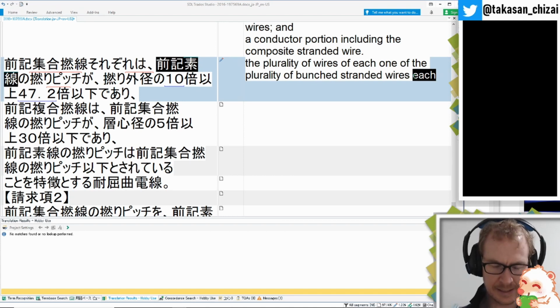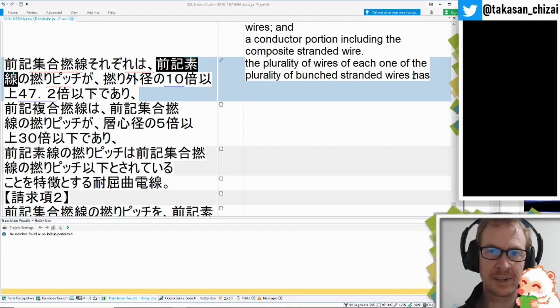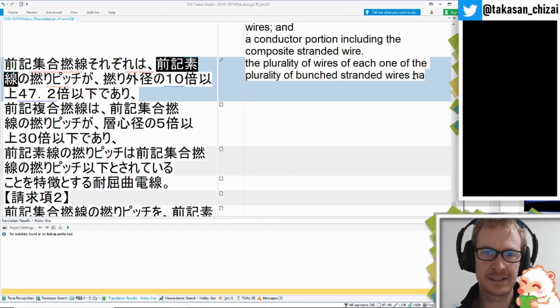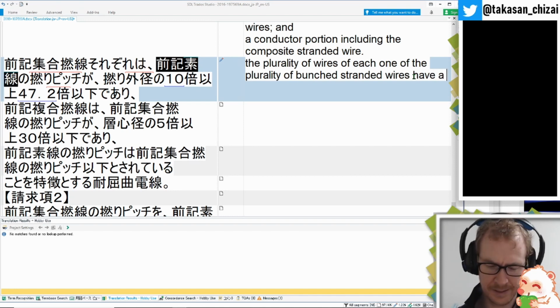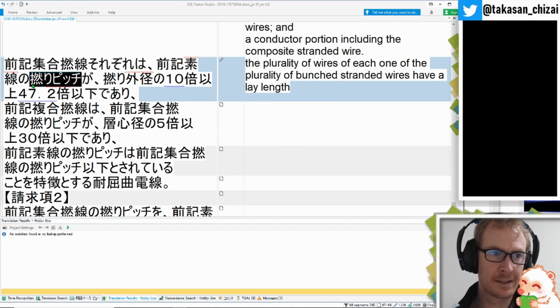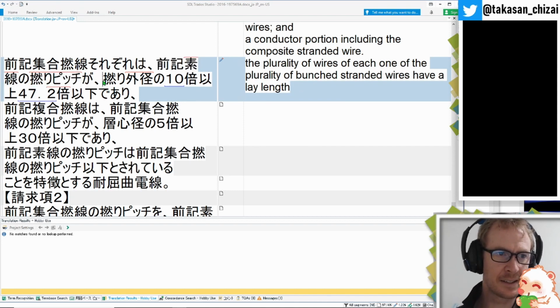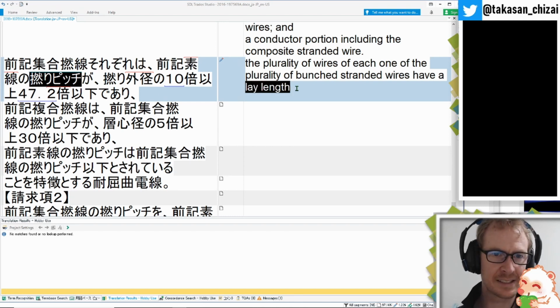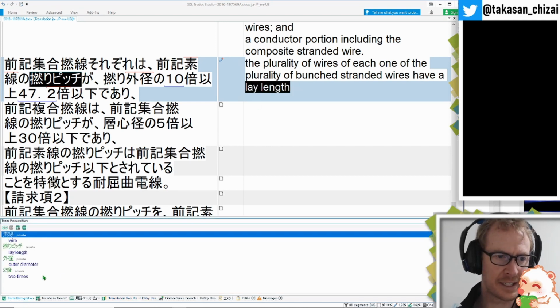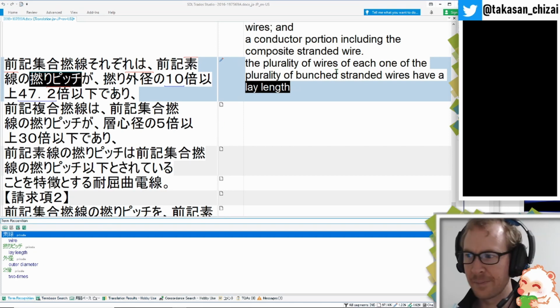So the wires have a... now I think I translated a similar invention before because I have this as lay length in my term recognition. Yay! Lucky.